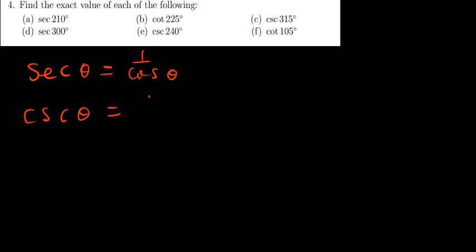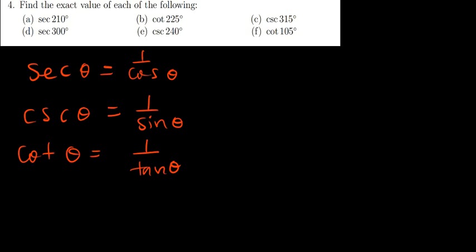We should also take note that sec theta is basically the same as 1 over cos theta. Cosec theta is basically 1 over sine theta. Then cot theta is actually 1 over tan theta. After knowing this, it's going to be easy for us to find this.